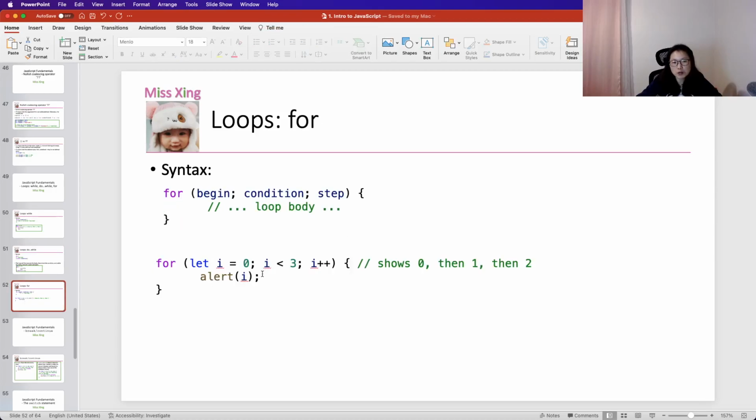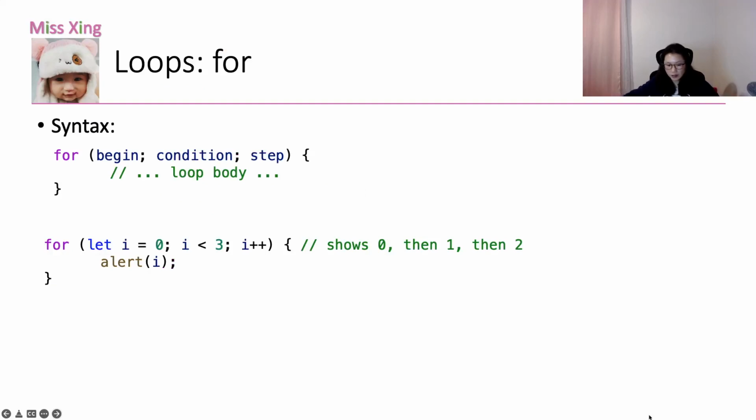And in this case, what's going to happen? First i is 0, then we check whether i is less than 3. Let me use this one. Wait for a second. We have let i equal to 0, and then we do the condition checking. 0 is less than 3, so I will do the statement inside the loop body, which is to show 0.